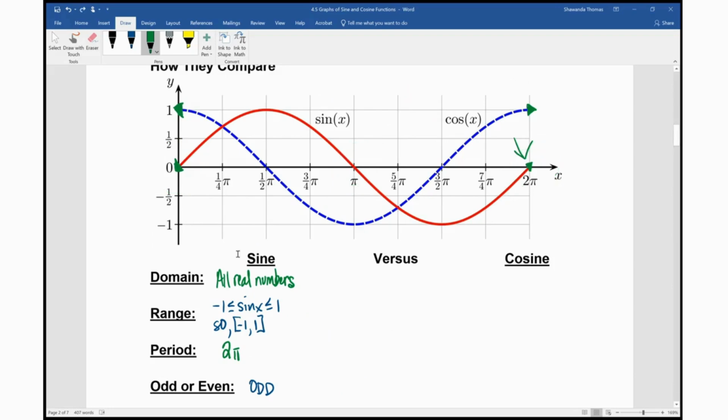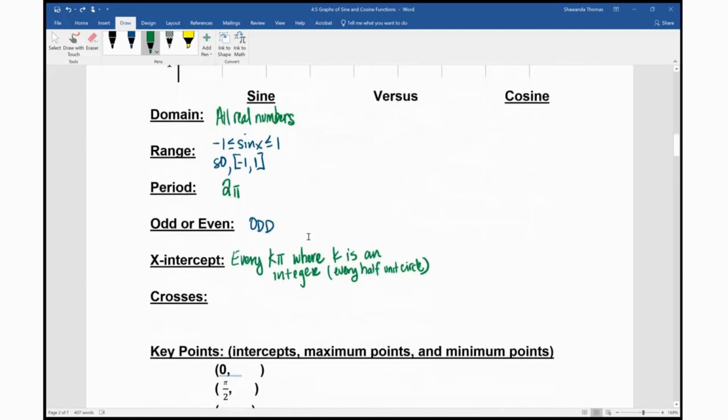So let's write that down: the ends and center of the period.